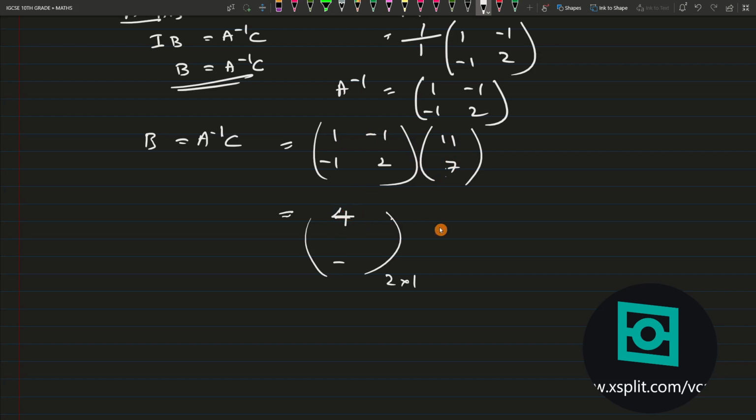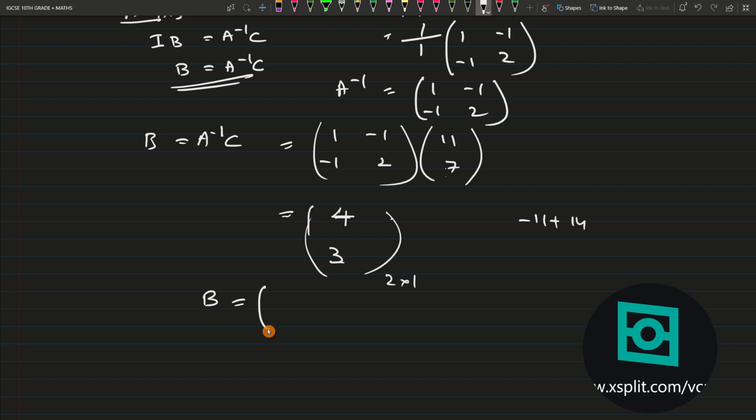I'll get a 4 over here. Then in this position, I'll get second row and this column. So minus 11 and plus 14. Minus 11 plus 14 happens to be 3. So this is a 2 by 1 matrix. So B will be equal to 4, 3.